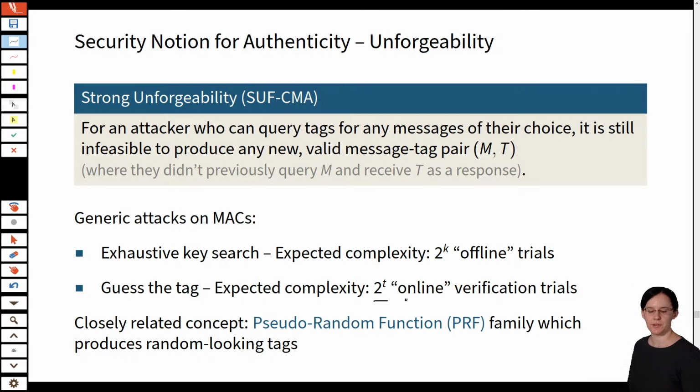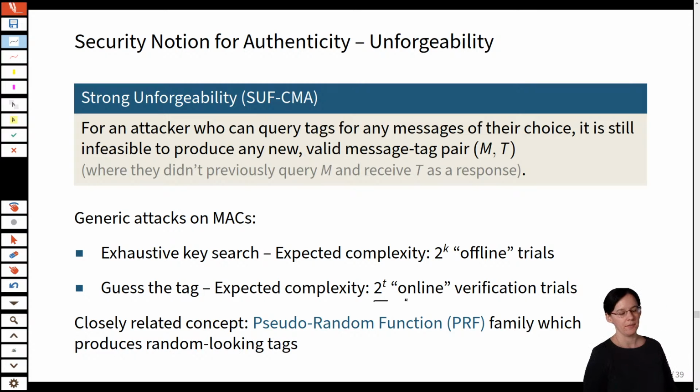So after approximately 2 to the t attempts, I probably have a successful hit. Now this is a so-called online trial, because you actually need to ask the owner of the secret key whether your guess is correct. So you must be in connection with an oracle to do this guessing.